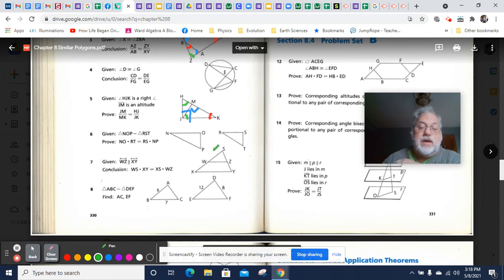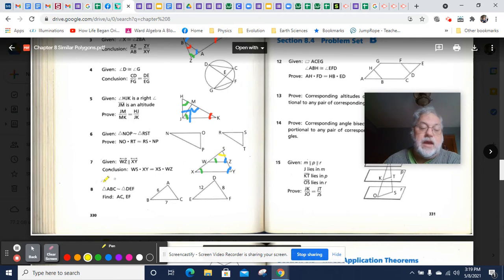Because those are parallel, we can definitely say that these angles are congruent because it sets up a transversal. These angles are congruent, they're corresponding angles. And then finally, S is itself. So we have two similar triangles, SWZ and SXY.